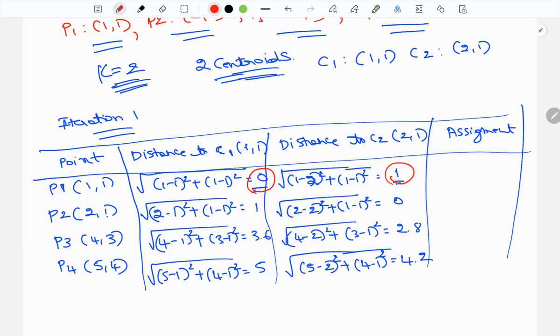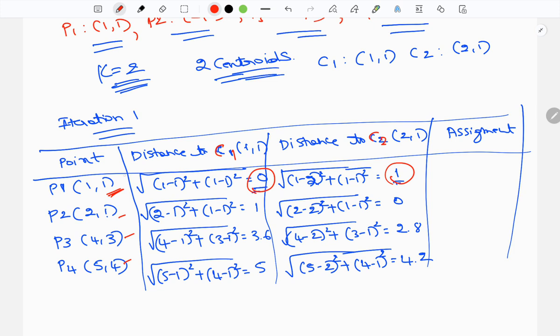So basically, as I was mentioning, in iteration 1 we have already calculated the distance from every point to both the centroids, that is centroid C1 and centroid C2. Now we have to assign the point to the closest one. Whether this point is closer to centroid C1 or to centroid C2, you can find out from the Euclidean distance.